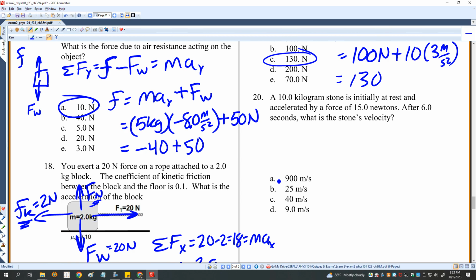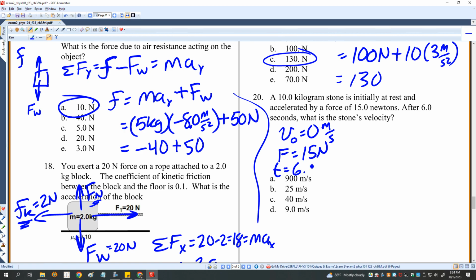Okay, so here, this is like our rocket problem that we did in class. A 10 kilogram stone is initially at rest. It's accelerated by a force of 15 newtons. After t equals 6 seconds, what is the stone's velocity? So first, the mass is 10 kilograms.